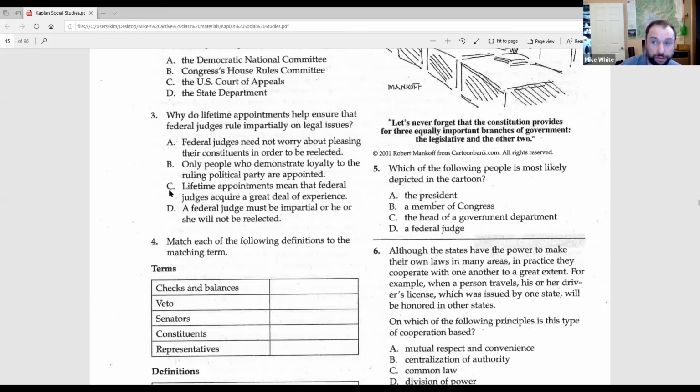Of course, by serving a lifetime, you gain lots of experience. But the idea that someone is ruling impartially or absent of any influence would be A. Because in theory, if they're serving a lifetime sentence, they don't have to worry about pleasing whoever's in power at the time because they're going to outlast whoever that person is. So the correct answer for this would be A.